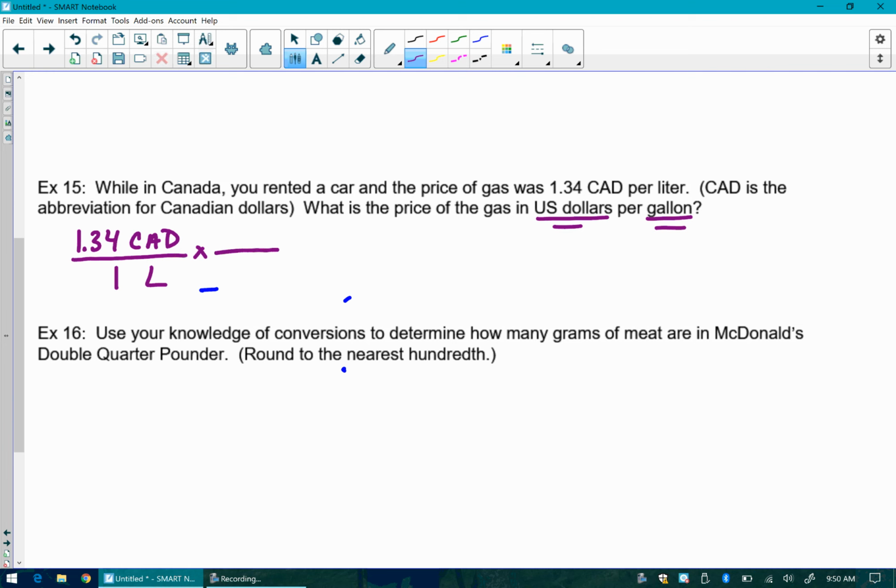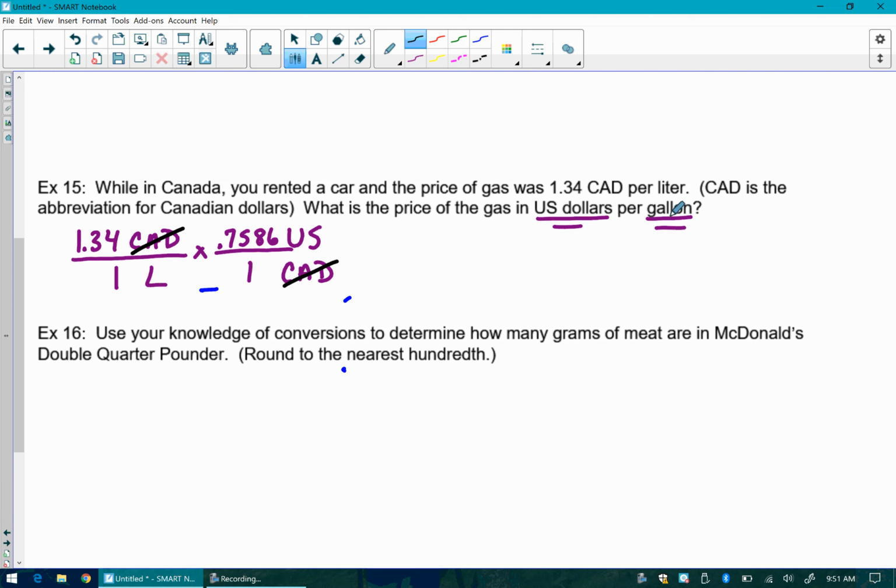So to get rid of that Canadian money, and I just saw on my conversion sheet that I can go directly from Canadian dollars to US dollars, the 0.7586 is the US equivalent, so that goes up top where I have my US, 0.7586. That 1 Canadian dollar is equal to 0.7586 US dollars. At this point, Canadian dollars have canceled out, and I have US dollars per liter.